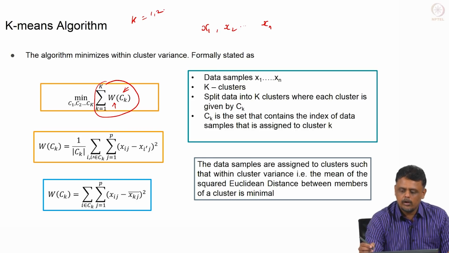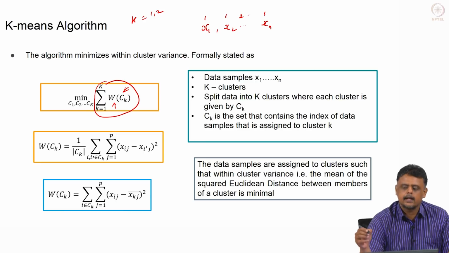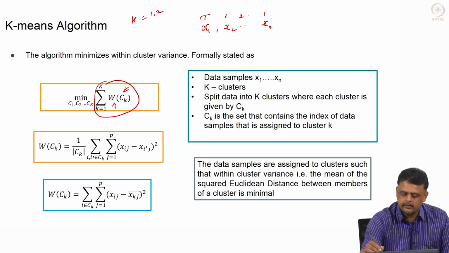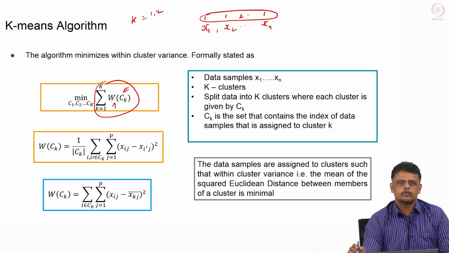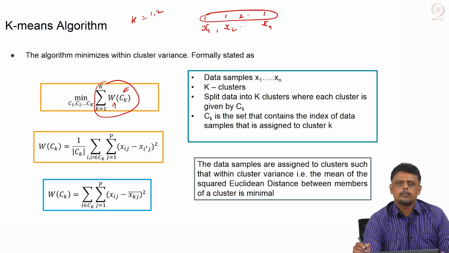The optimization problem is to figure out the right assignment. So, we will say x1 is 1, x2 is 1, x3 is 2, and so on, xn is again class 1. This arrangement is the outcome of the optimization. So, what is the correct arrangement of these labels so that this intra-class variance is optimized? That is the problem that we are trying to solve.